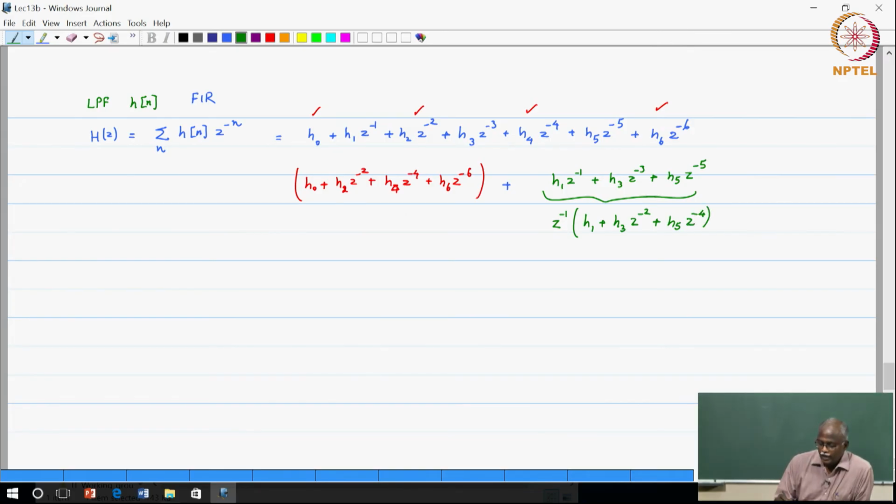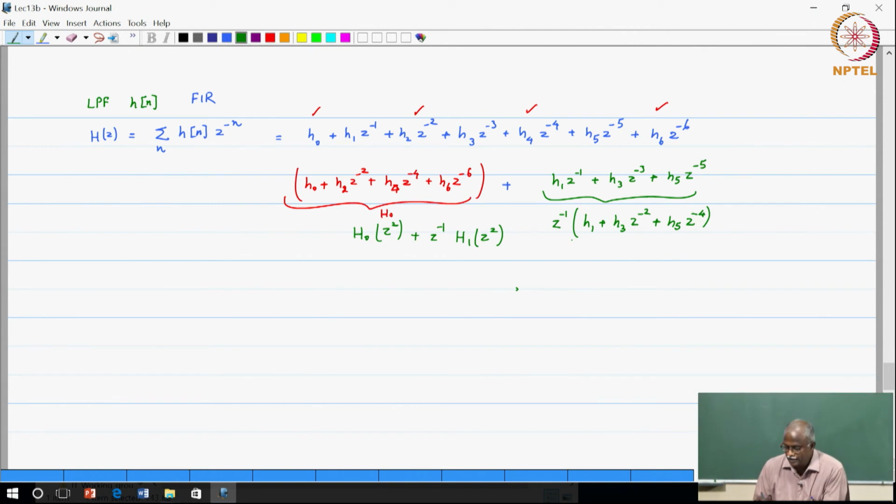So, I can write this as h naught of z squared, a polynomial with argument z squared, not z anymore, because all of them are even powers, plus z inverse h1 of z squared, correct. I am calling this my polynomial h naught, and this, without the z inverse, my polynomial h1.